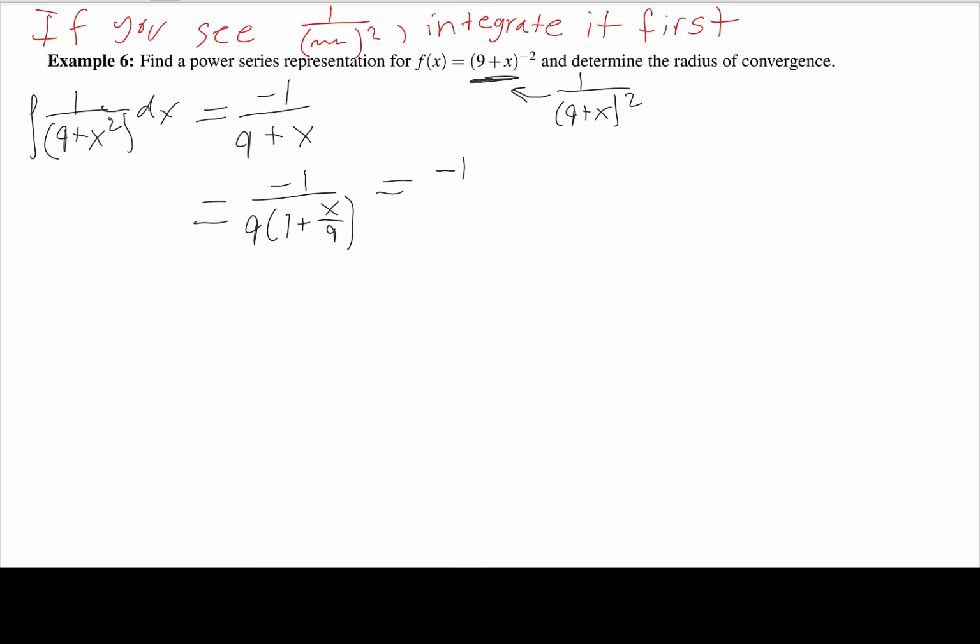Okay, so this is going to be equal to negative 1 over 9 times 1 plus x over 9. So this is the same thing as negative 1/9 times 1 over, if I want to write this in the form of 1 minus r, 1 minus negative x over 9. Right, because the two negatives would cancel out, so we'd get our positive x over 9 like we had before.